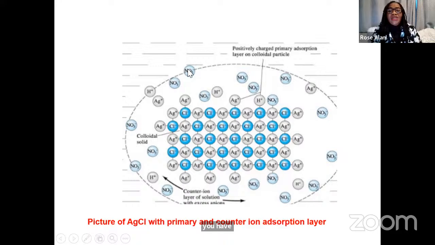The nitrate will be attracted to the silver and form silver nitrate, which is not what you're actually looking for. We're looking for the silver chloride that you're seeing there in the middle that is already formed. So now silver nitrate will deposit on top of the layer that you're actually looking for. So that's the explanation to that.